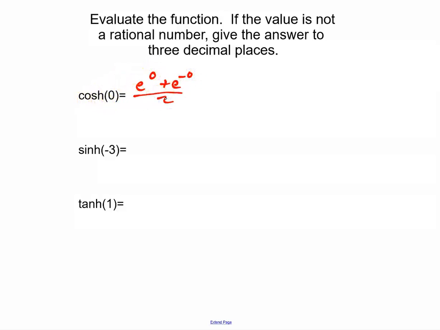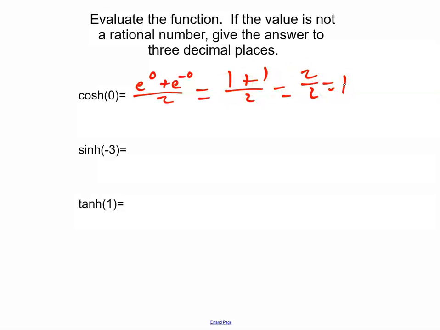In this case, I don't even need a calculator, because I know e to the 0 is 1. Negative 0 is still 0, so e to the negative 0 is also 1. And 1 plus 1 is 2, and 2 over 2 equals 1.